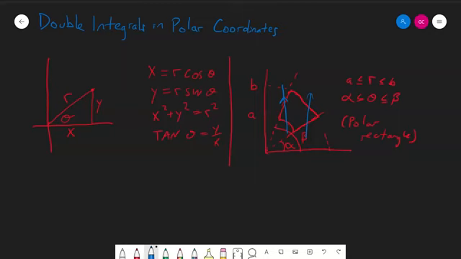Or they might go from this line to this circle. You end up having to cut the region up into a bunch of different pieces if you want to try to slice vertically. And similarly, if you try to slice horizontally, you end up having to split the region up into different pieces because the left boundary is sometimes this circle and sometimes this line. Okay, so let's undo those.